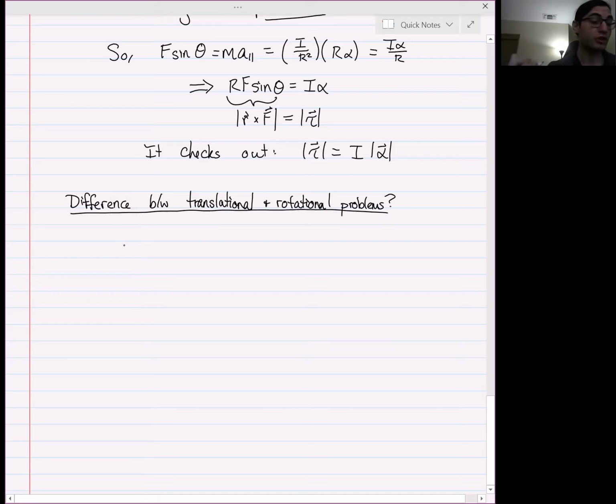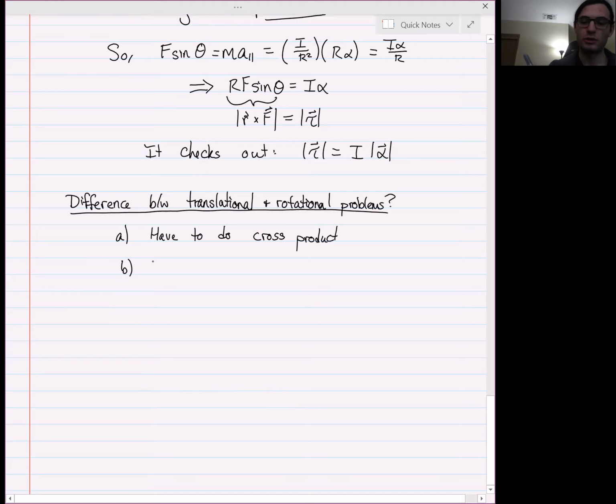So first difference is that you now have to do cross products. So if you want to find the force equivalent, the torque, you have to do a cross product.